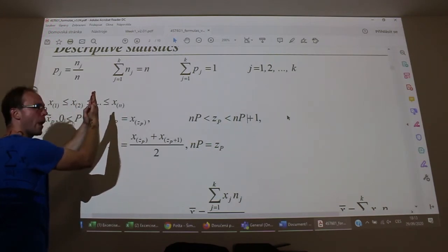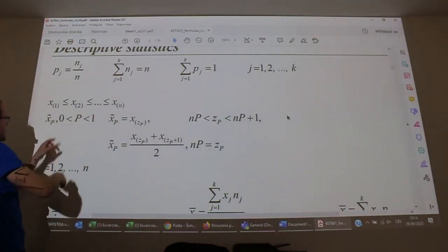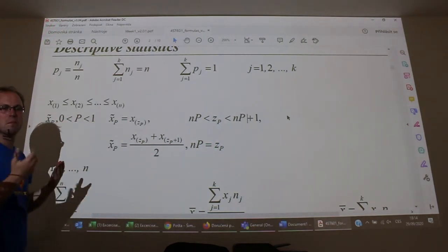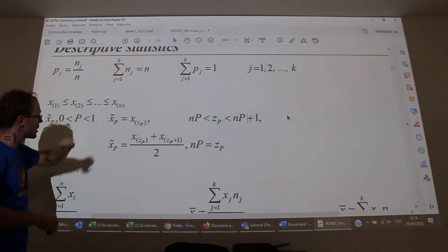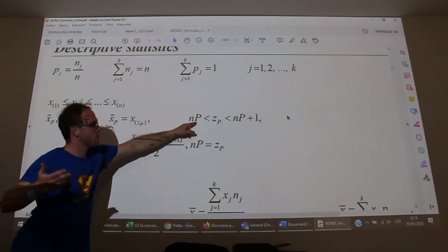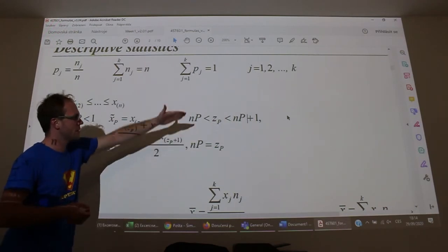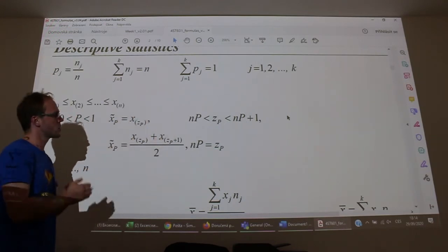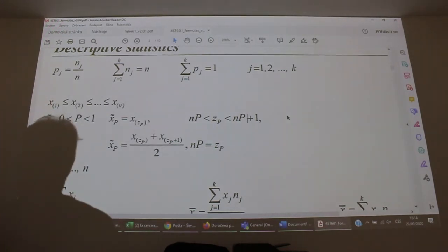One is below median, another one is above median. So this product, this relative number between 0 and 1, is in the case of median 0.5, in the middle. So n times this product is smaller than Zp, and this is smaller than n times product plus 1. So we will calculate the position of median.